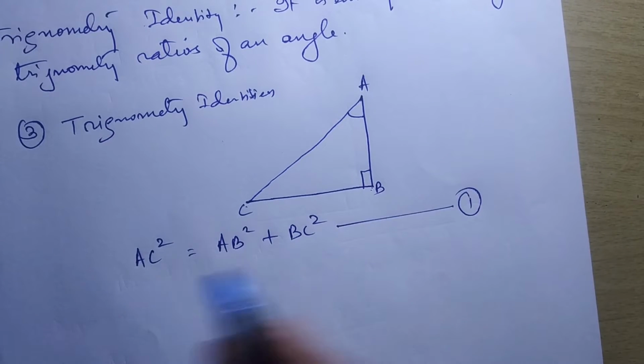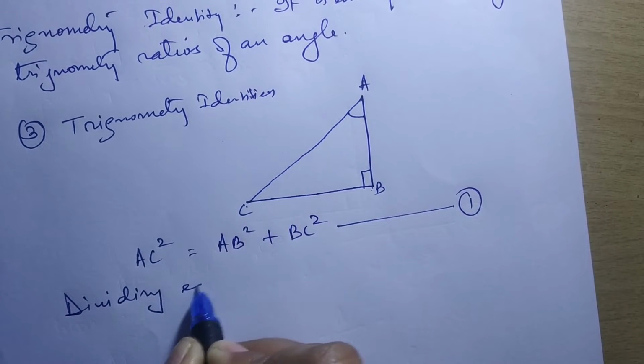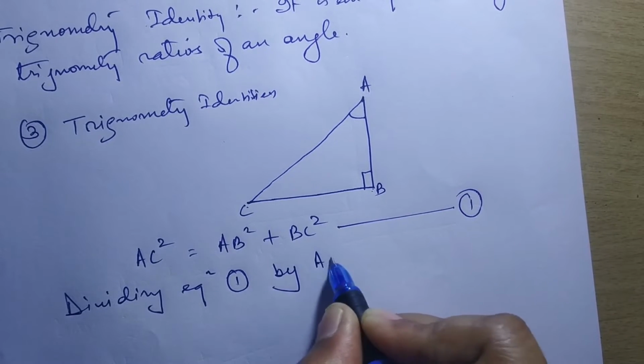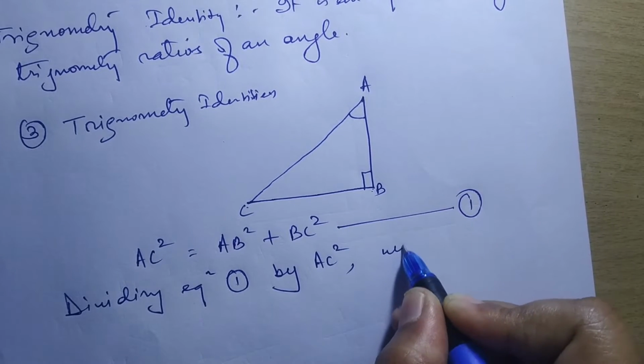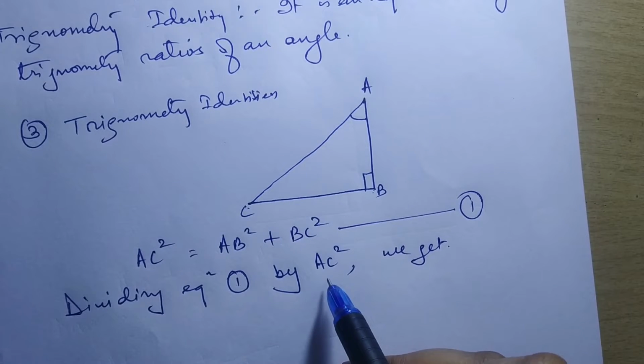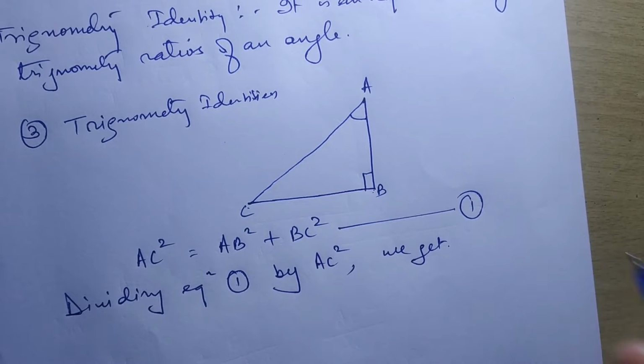Now what I do, dividing equation 1 by AC square, we get... now there is no particular rule. Why AC square? You must be thinking, why not BC square? We'll divide by BC square also, we'll see.